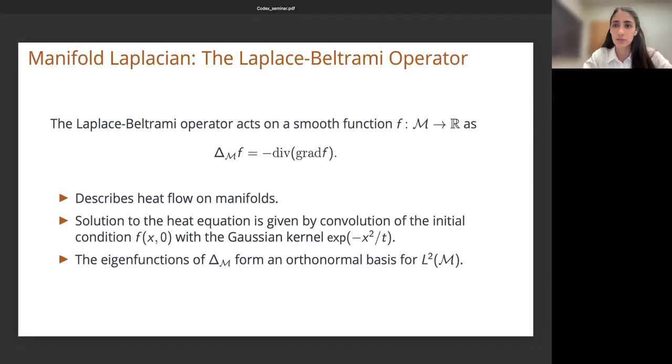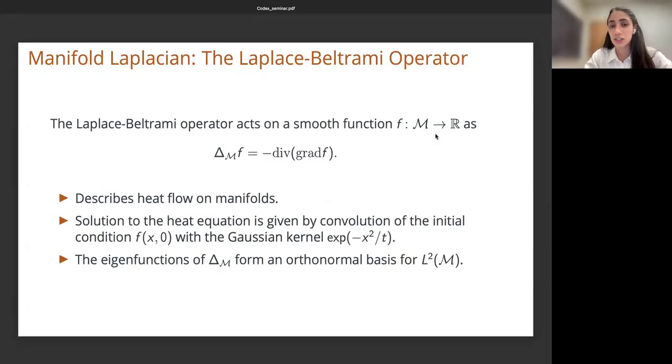Okay, now let's focus on the manifold Laplacian. It's also called the Laplace-Beltrami operator, and it is defined as the divergence of the gradient. And it is an operator on manifolds that describes heat flows. And well, the solution of the heat equation on a manifold is given by convolution of the initial condition with the Gaussian kernel.